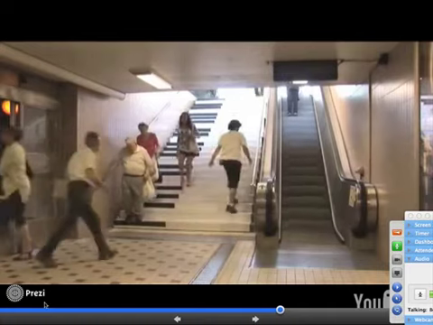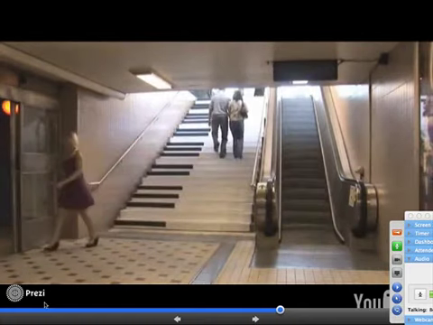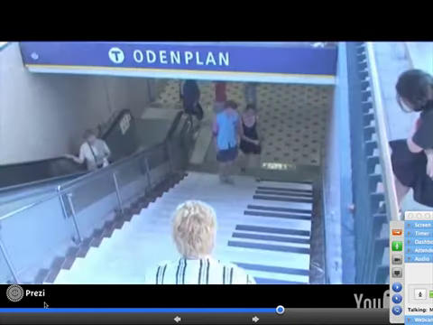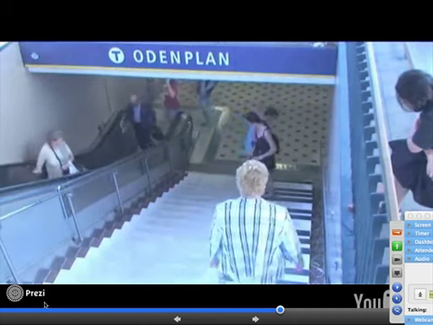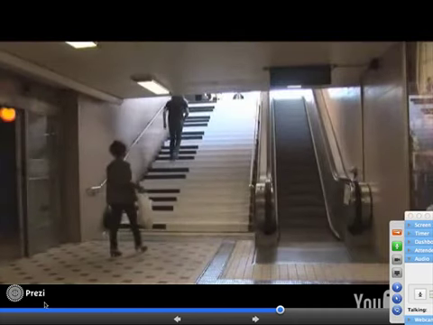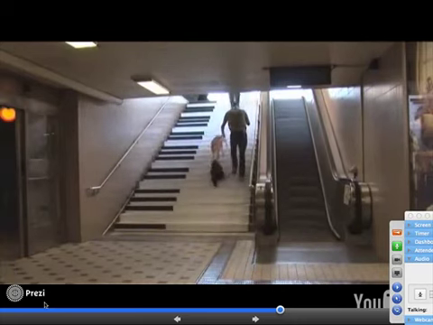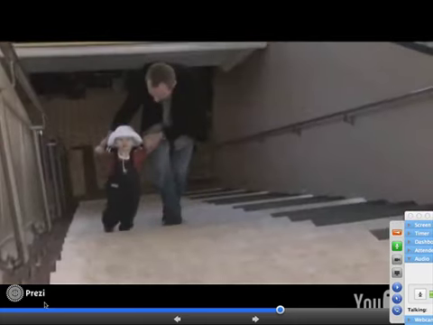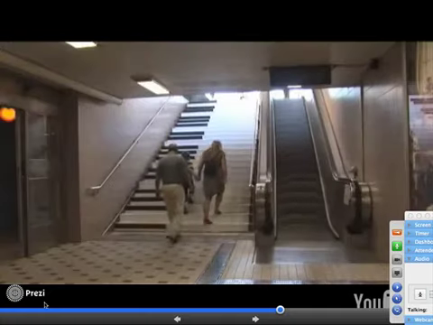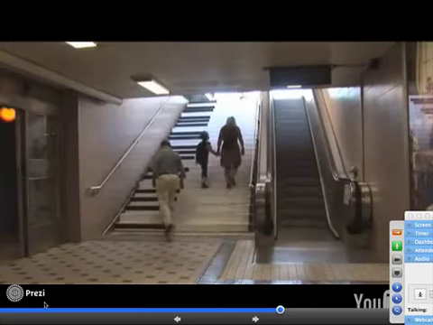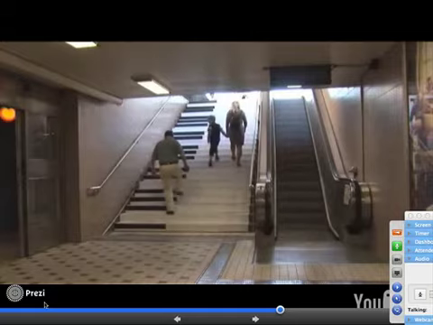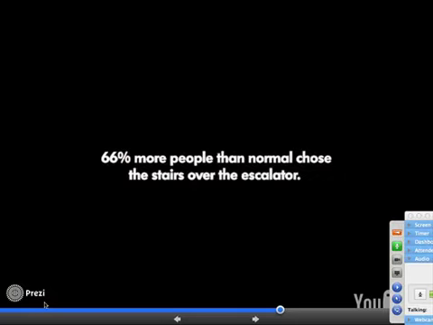Look at how lonely the escalator gets. 66%.